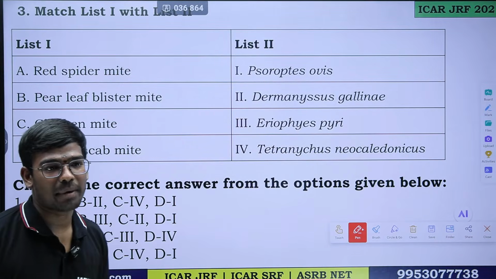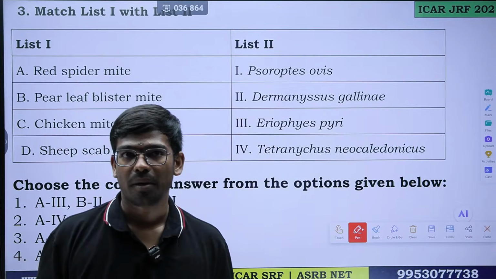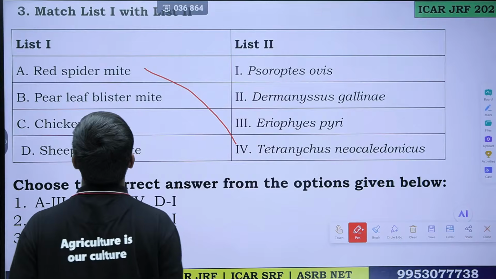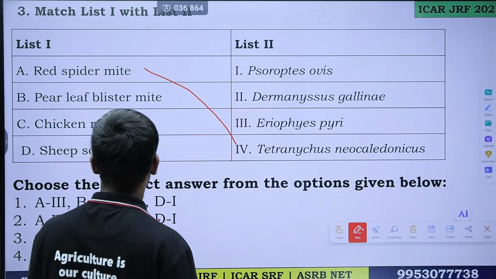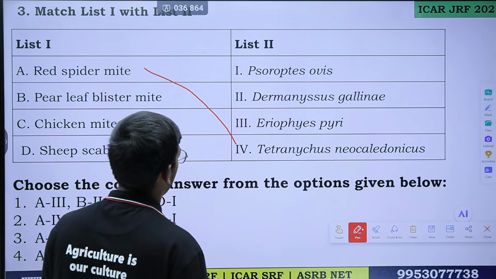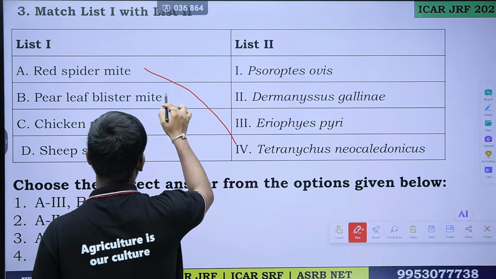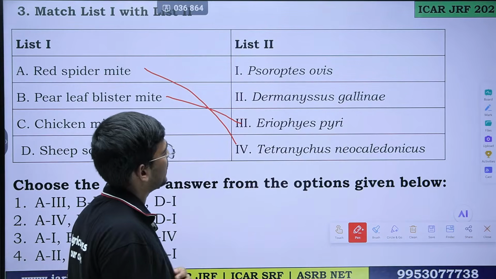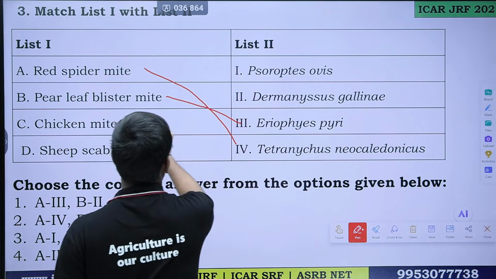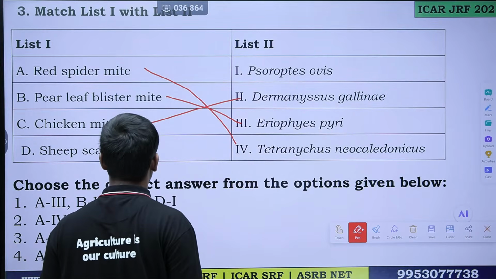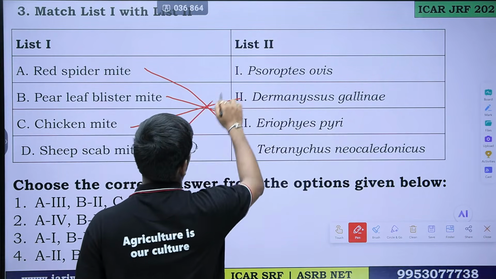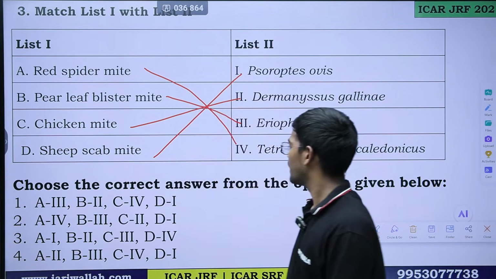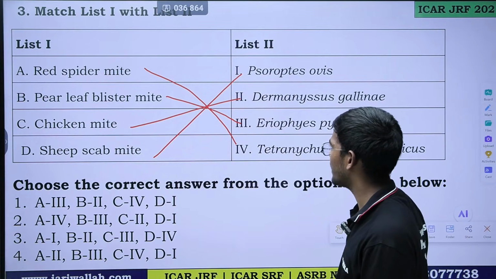We know red spider mite is Tetranychus species.